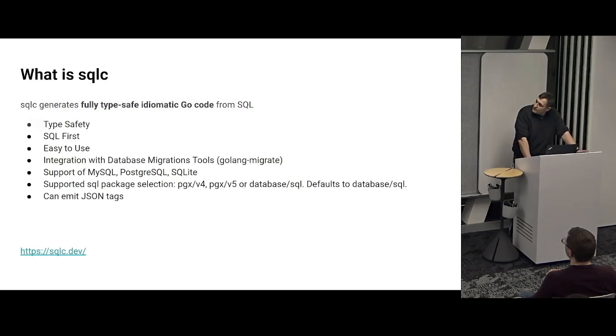And we are using PostgreSQL right now, so my talk will be mostly around that. There is supported SQL package selection, which is PGX v4 or v5 for database SQL. The default is database SQL. We choose to use PGX v5 because there are some more functionalities that are supported. It should be a little bit faster.